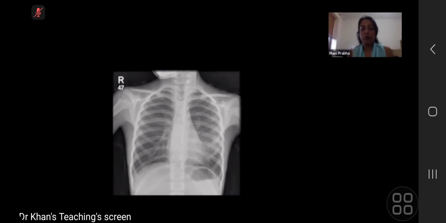Would you like to describe the abnormality, candidate 3? We have a frontal chest radiograph of an older, although still skeletally immature child. The striking abnormality is some pulmonary opacification in the left mid to lower zone, causing obscuration of part of the left heart border.